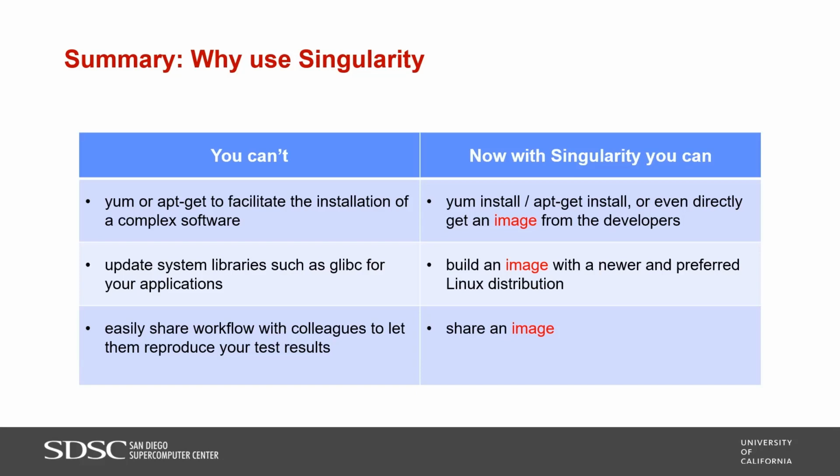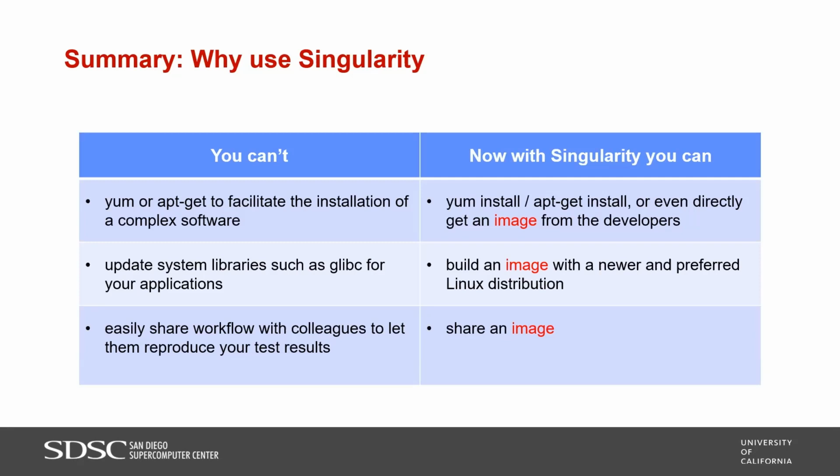But now, since the Singularity container has its own file system, you can build an image with a newer and preferred Linux distribution. So in that file system, you are free to update any system libraries.